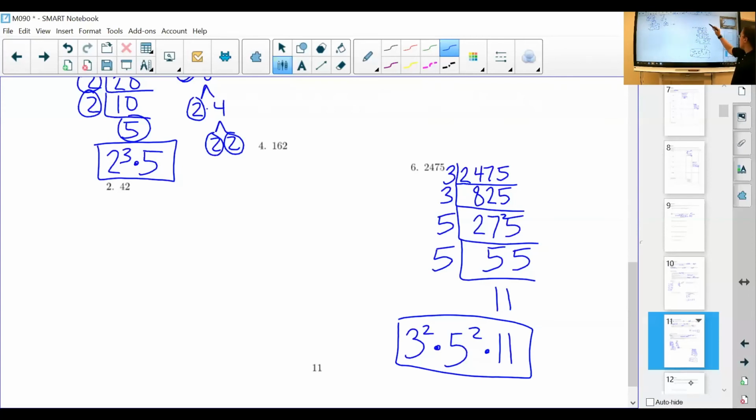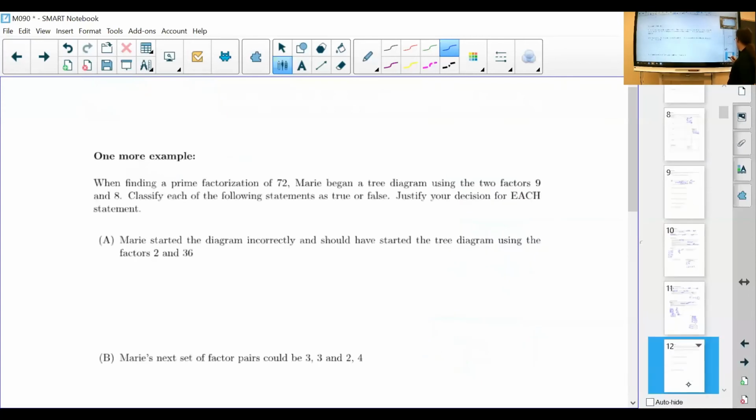Again, you'll be doing the other examples on your own, or we can do them together in class. So we're looking at Marie, and she is doing a tree diagram. It says she started with 9 and 8. Can she do that?